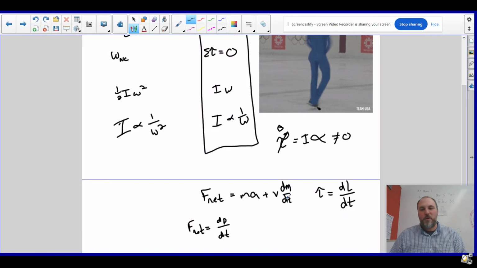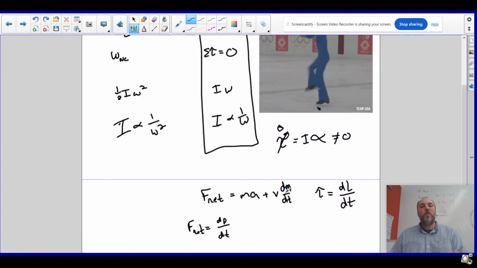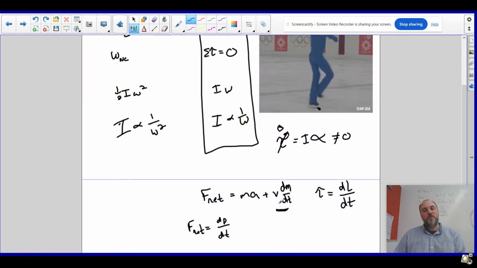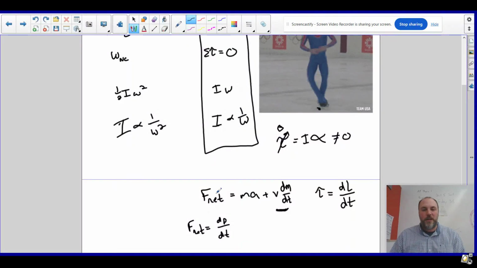That's the rate at which a mass is changing. We don't see that very often. We don't see a mass changing until we get into rocket science, where when you're burning fuel, the mass of the rocket is also decreasing. So we have this additional term to Newton's second law. Okay, that's great. We really don't get to see that at all in AP Physics 1.